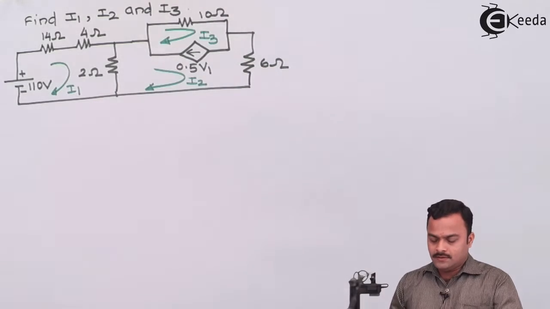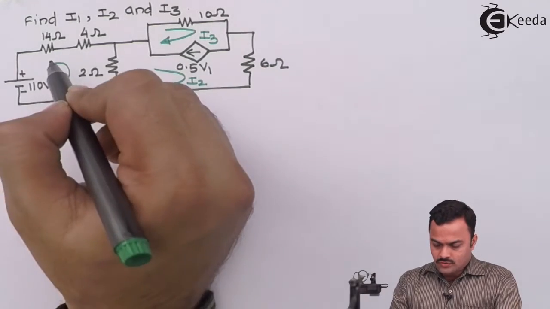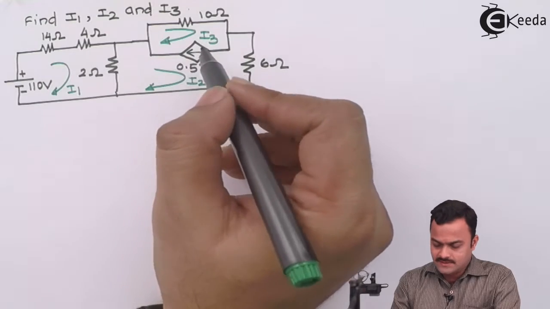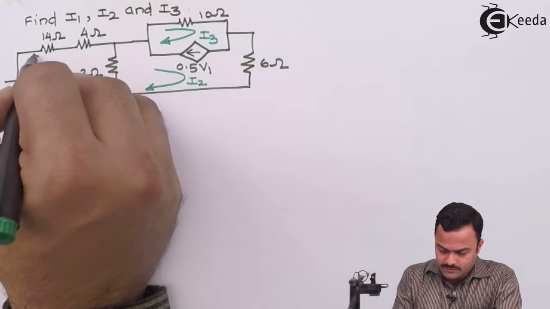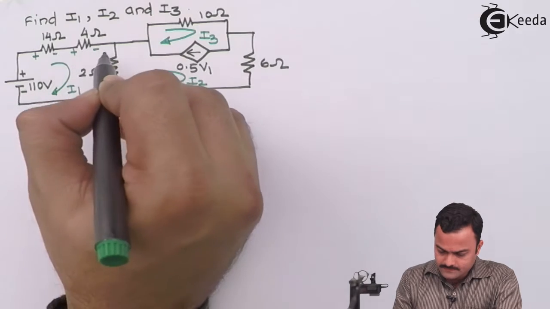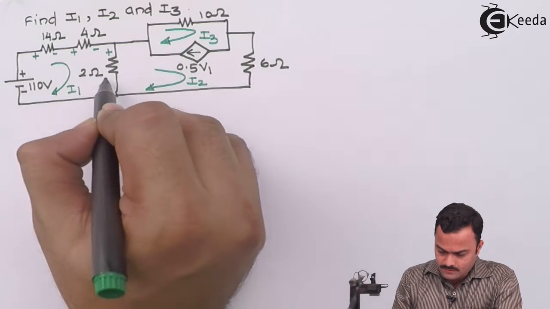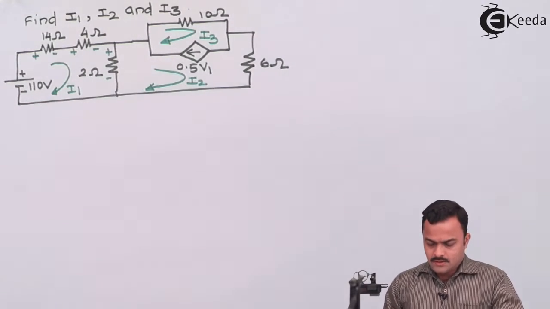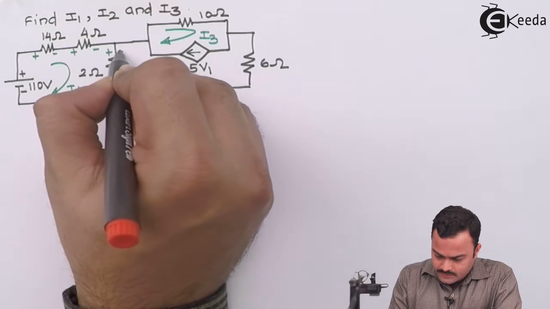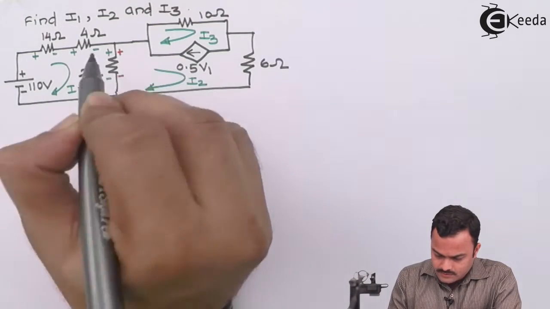So here we are having three meshes, I1, I2, I3 are the mesh currents, and as per that we'll have the voltage drop in this manner. Plus they have given the V1 also. So V1 is nothing but a voltage across the 2 ohm of this polarity.